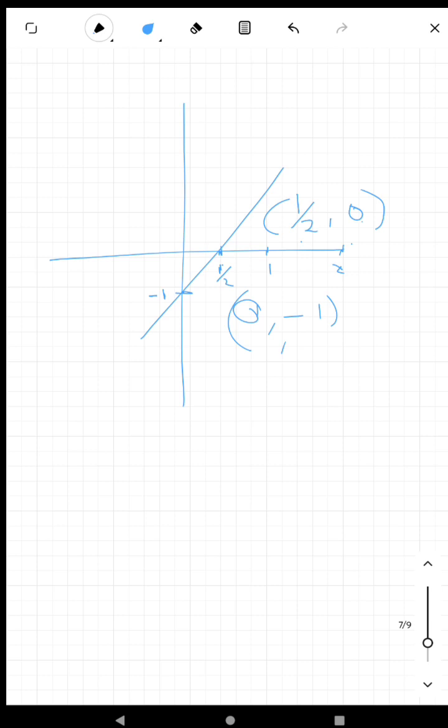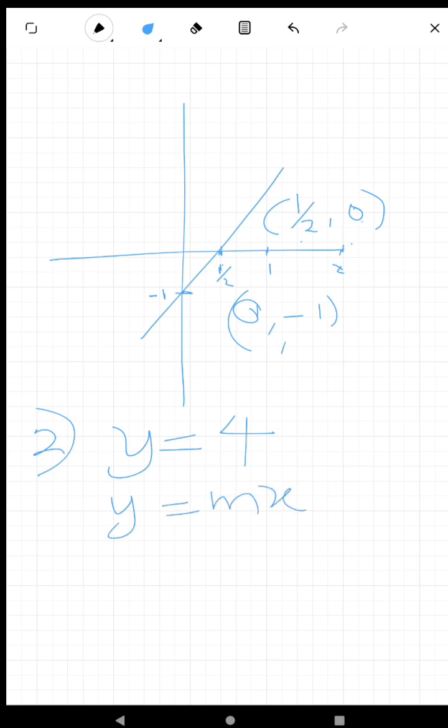So we look at the next question. The next question, question number 2, says y is equal to 4. So we want to know whether this is a straight line equation. We'll compare it with y is equal to mx plus c. Is there a constant multiplying an x? There is no constant multiplying an x. So we know that our m here will be 0.